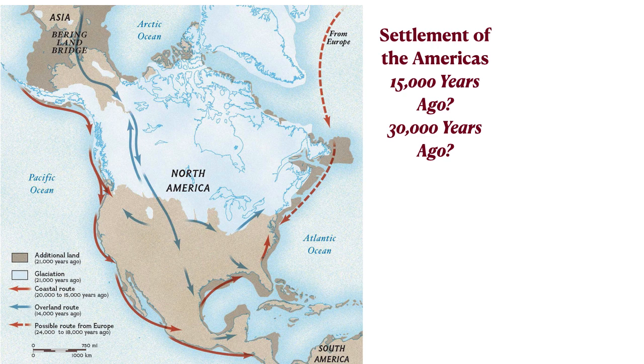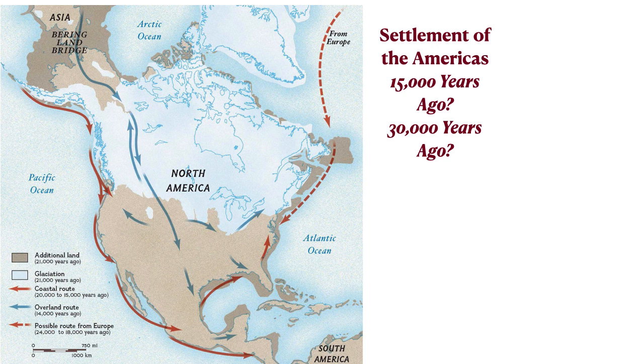So as they started to shrink, an opening would have come up. People could have marched down through there and entered the Americas. And there's a lot of evidence for this. I mean, it almost certainly did happen. So people, large mammal hunting human beings with spears and a particular kind of spear called a Clovis point, came in and spread.